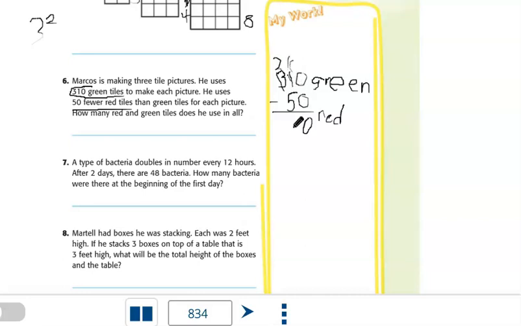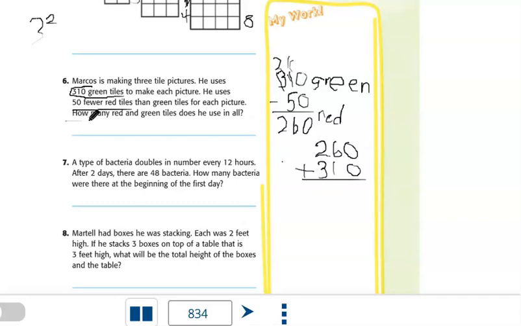So then we need to add in the 260 plus the 310. So there's our red tiles, there's our green tiles. And when we get this answer, that will tell me how many red and green tiles he uses for one picture. But it's not asking one picture, it's asking three tile pictures.